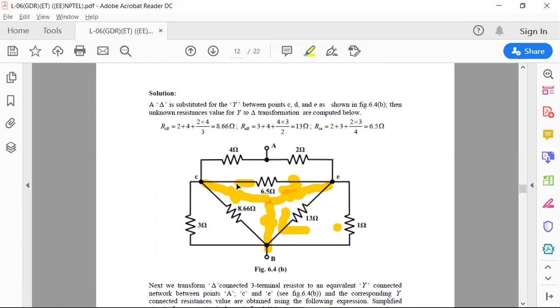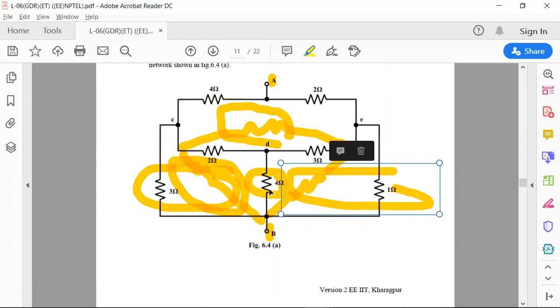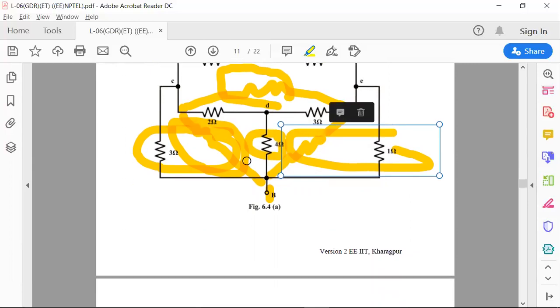So write 2 plus 4 plus 2 into 4 by 3 for finding this value. For this value, 2 plus 3 plus 2 into 3 by 4. For this value, 4 plus 3 plus 4 into 3 by 2.